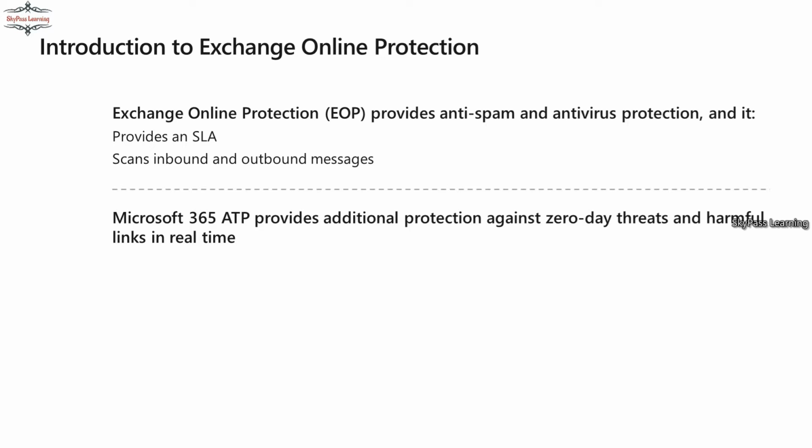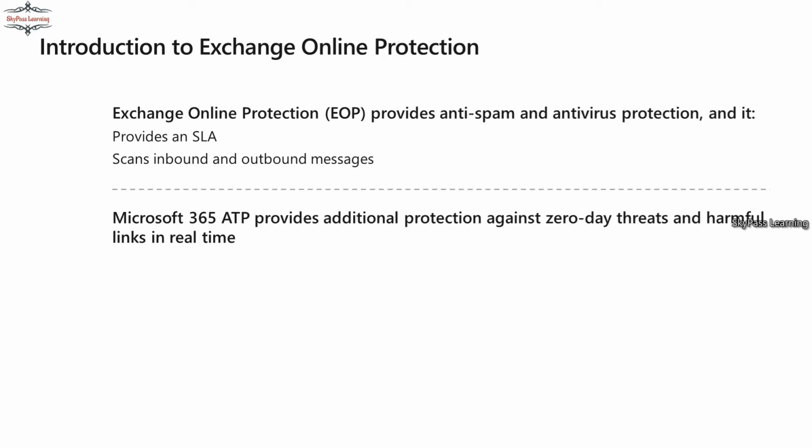Now, Microsoft 365 Advanced Threat Protection suite is also available, and EOP, Exchange Online Protection, is a part of Microsoft 365 ATP. Advanced Threat Protection is a suite offered by Microsoft, and Exchange Online Protection is a part of it.